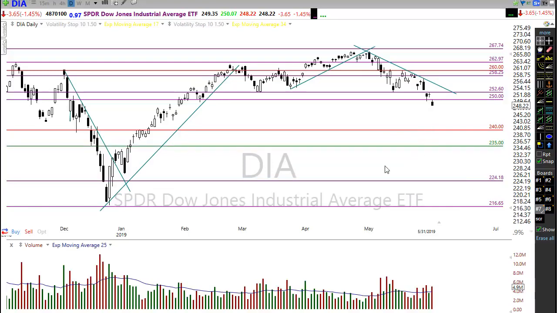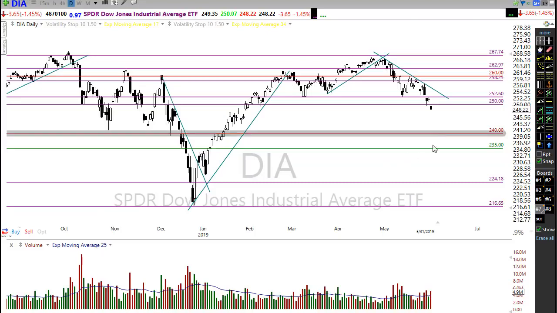But let me ask you guys here, if I have this credit spread all the way down here at this next level of support, what do you think the chances are that we get some kind of a bounce back in the market?